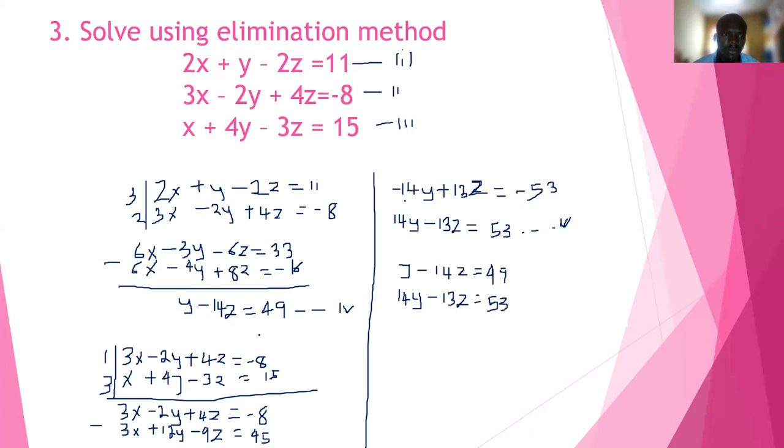I hope we have done everything okay. That 3y, 6y, 33, 6, 2, 4 is 8. This is a minus.